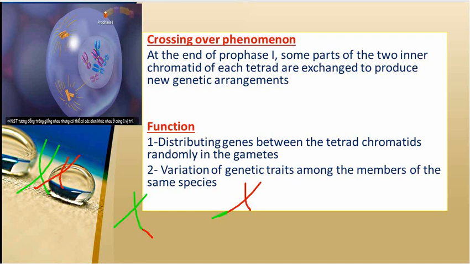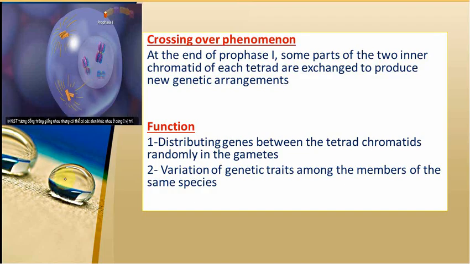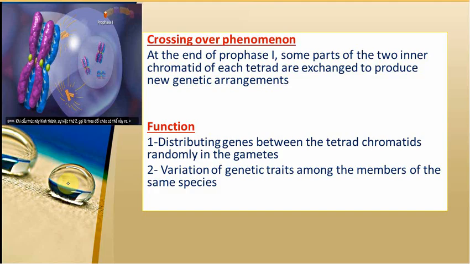In the following video, we will see that. As we see here, chromosomes are arranged in the form of homologous pairs, and then the crossing over will happen. A new arrangement will appear. New traits will appear also.